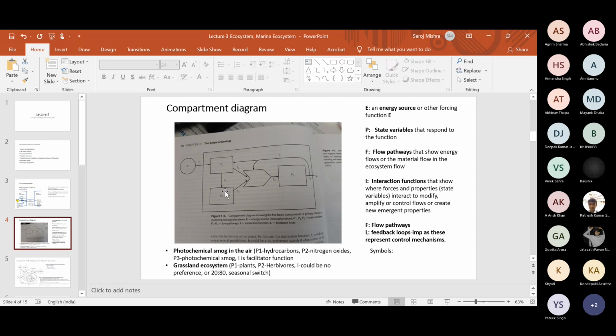Okay, so by virtue of the interaction and the stoichiometry of the reaction, you can also predict, in the presence of solar energy, how much smog is likely to be formed.